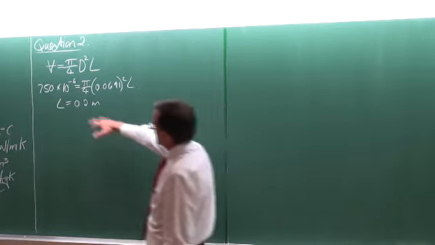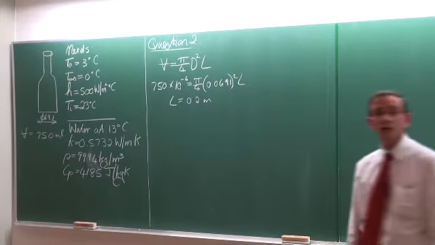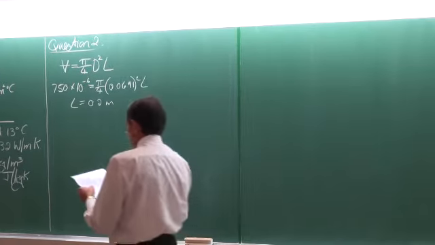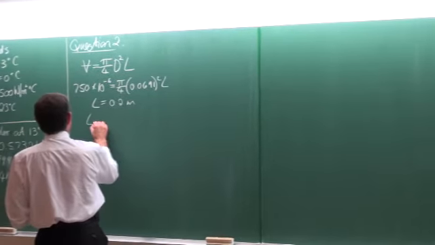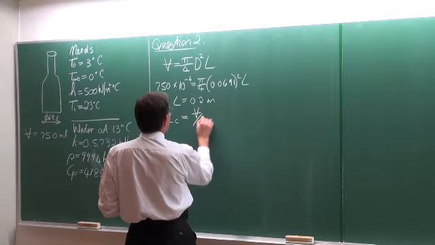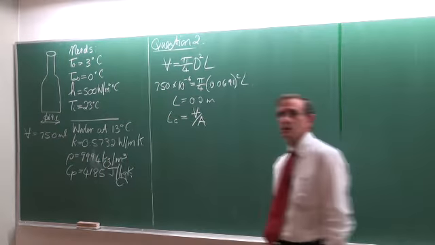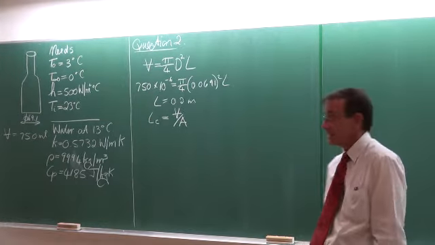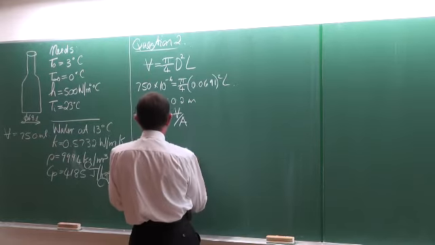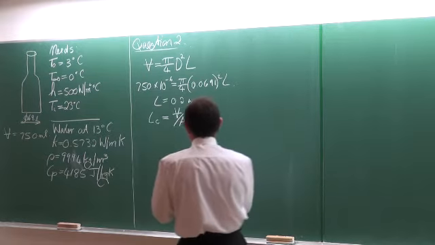Let's go on. So we've calculated the length of the bottle, which is 200 millimeters, and now specifically for the lumped system approach, the characteristic length is equal to the volume divided by the surface area. Okay? The volume we have is 740. We need the surface area.